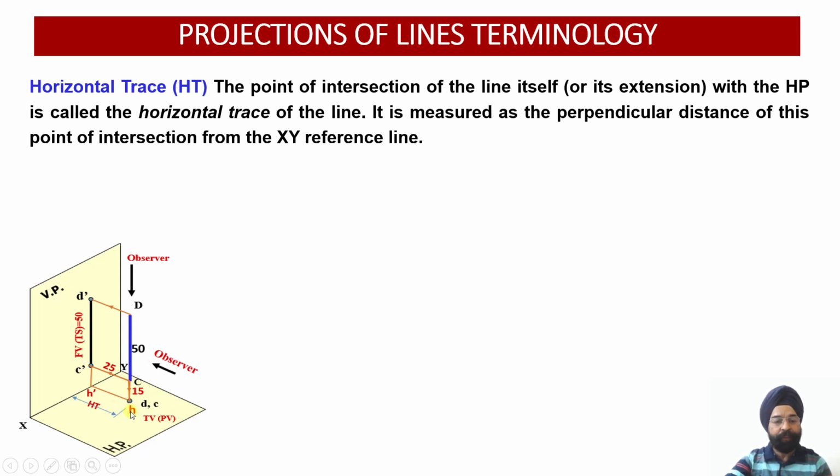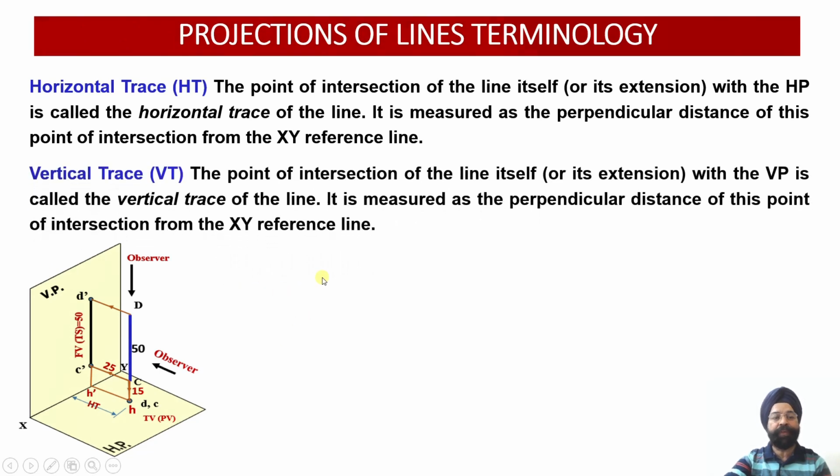This point of intersection will be called H, because it is appearing in the plan or the top view of the projection. It is measured as the distance of this point of intersection from the XY reference line, and this gives us the horizontal trace of the line.